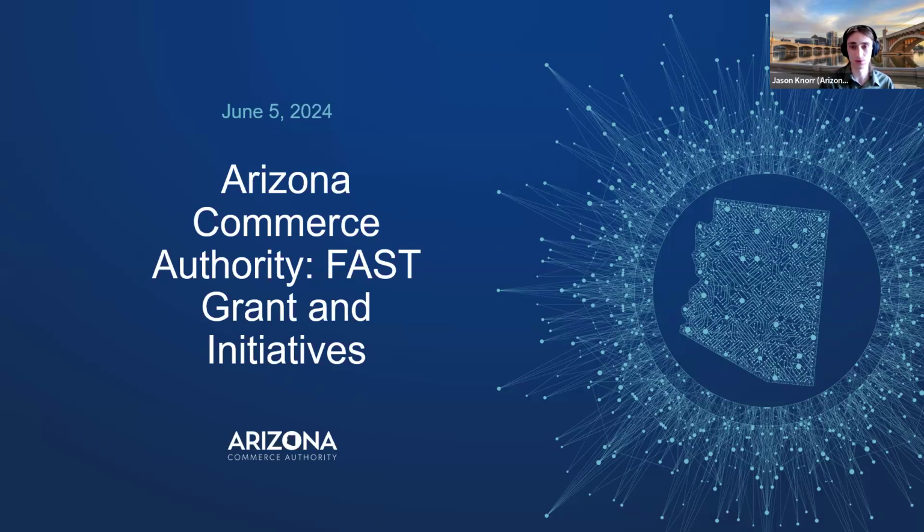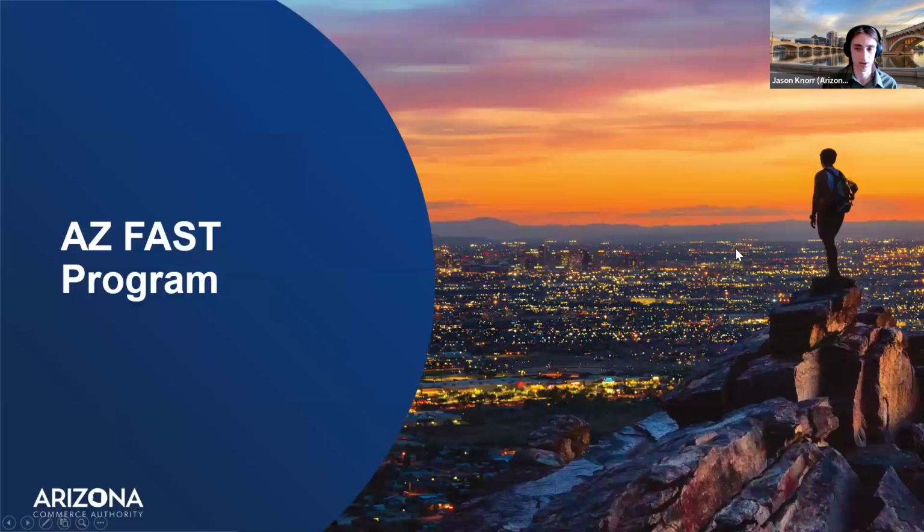But we have several programs to support early stage ventures, helping you get funding, understand how to grow and expand your business. And specifically our FAST program helps you apply for and obtain competitive SBIR and STTR grants. So what is the Arizona FAST program?